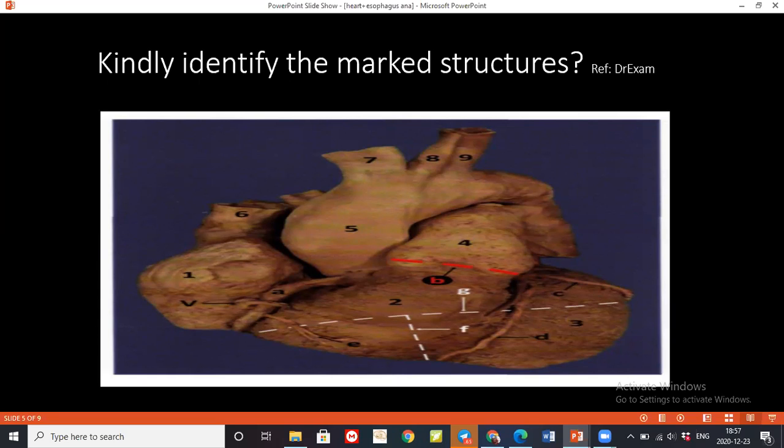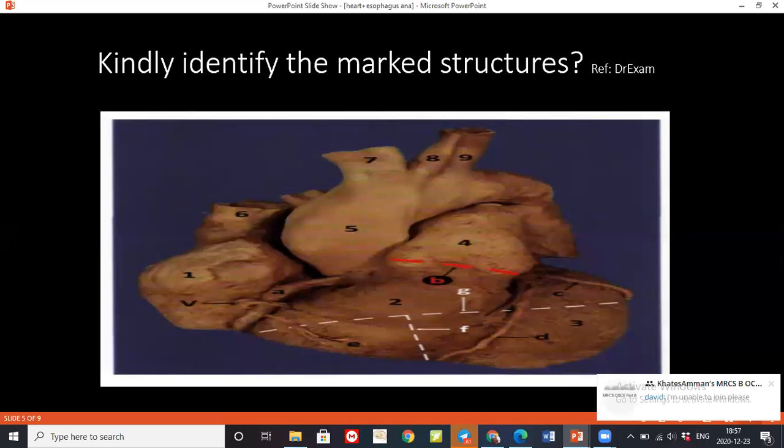Superiorly, it's left parasternal at the second rib. On the right, it's right parasternal from third to sixth rib. And then cardiac apex, it's left fifth intercostal space mid-clavicular line. And then on the left, it's the line drawn from superior border of cardiac apex.